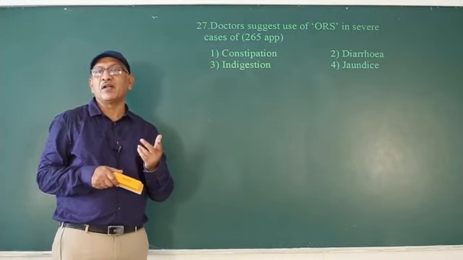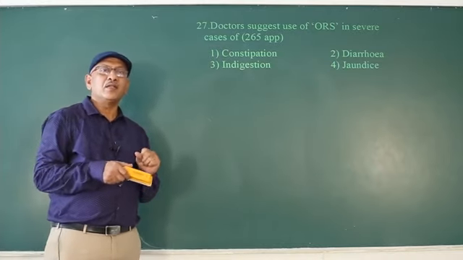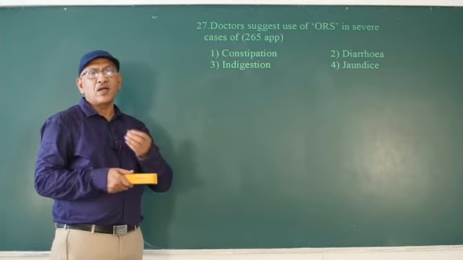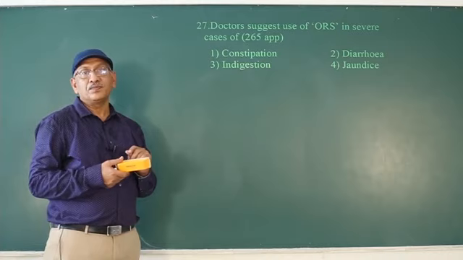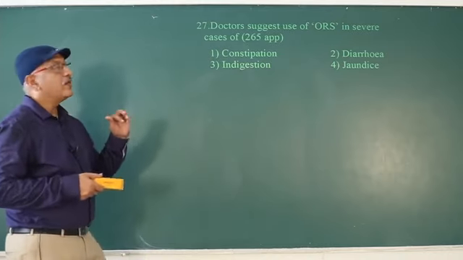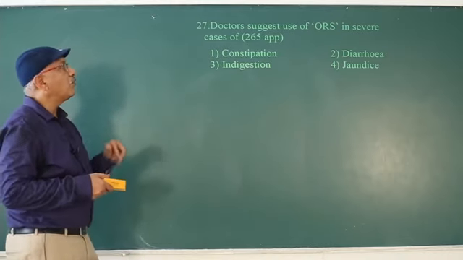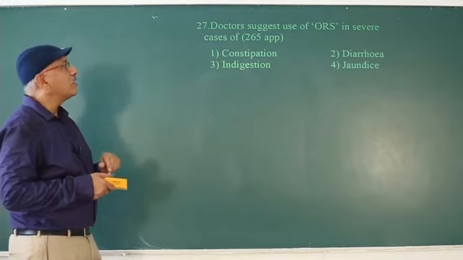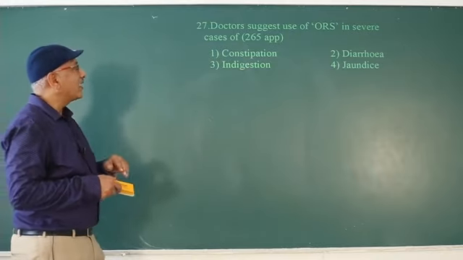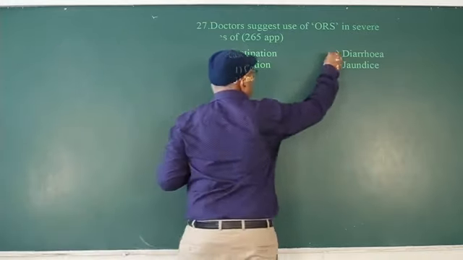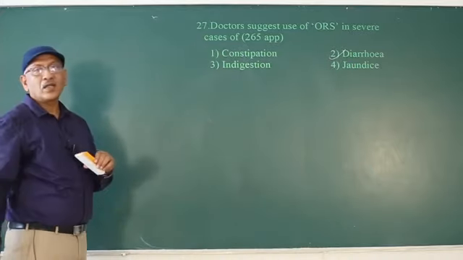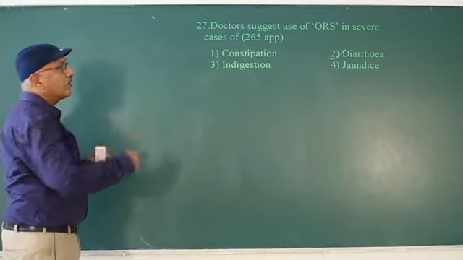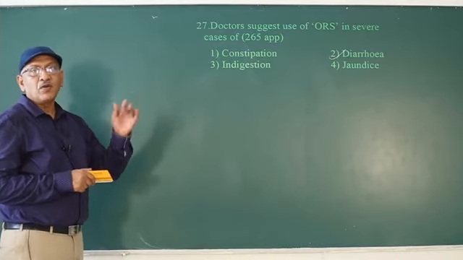If anyone wants to lose body weight, reduce the consumption of sodium chloride, table salt. So the point here is doctors suggest use of oral rehydration solution in severe cases of diarrhea, loose motions due to loss of water. Body is dehydrated, replace the water.